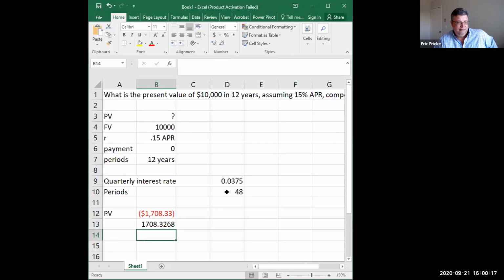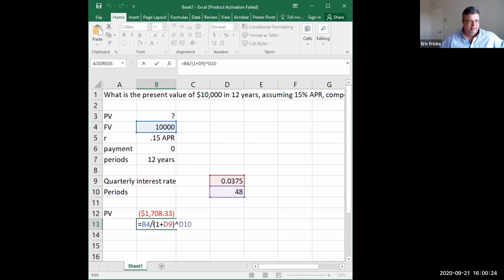Looks good. I just want to point out one more thing to you in case you're wondering. You might be tempted to put more parentheses here to make sure that Excel does that whole calculation in the denominator of that fraction first by itself. But whenever Excel goes through calculations, it always does exponents before multiplying and dividing.